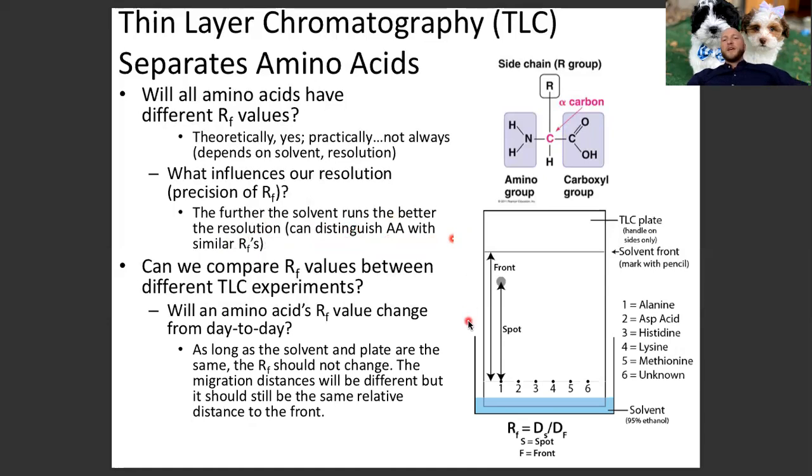So provided you use the exact same amino acid, exact same solvent, the RF values should stay constant, even if in different runs of the experiment you let the solvent travel different distances. So if your spot is right here at time 2, and right here at time 3, the RF value should still be the same.